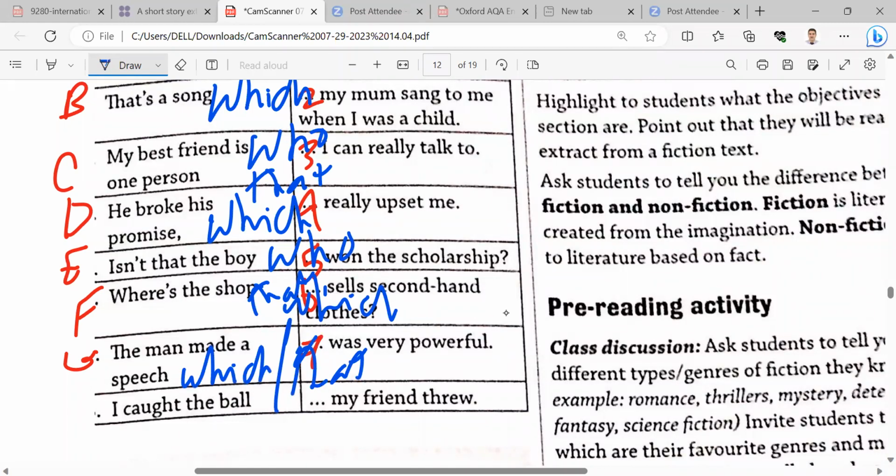The last one: I caught the ball my friend threw. That or which? Yes, that. Okay, so it's clear now how we use relative pronouns to connect two statements together, to structure complex sentences.